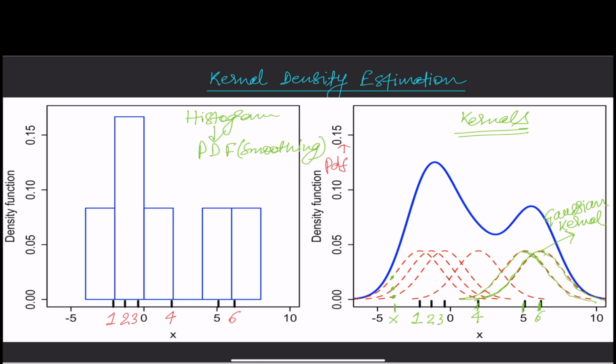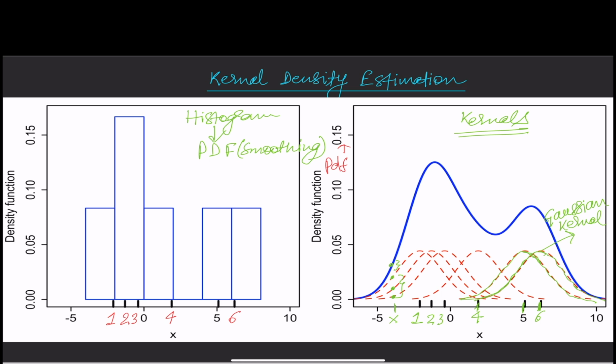If I take this value, and this value, and this value, and sum up all 3 of them, I will get the height of my PDF using kernel density estimation. This is called constructing the PDF using kernel density estimation.